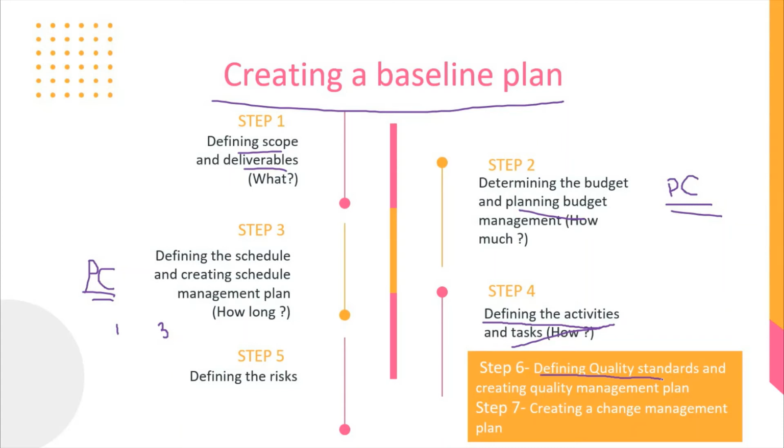The quality has to be maintained in each and every process. That's why it's very important to define the quality standards and create a quality management plan in the start. Step 7 is to create a change management plan. When we execute the project, there are a lot of changes, verbal or written, but it's very important to manage that change and then forecast the schedule or the budget again.